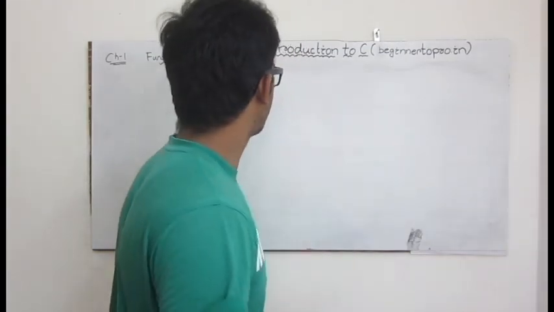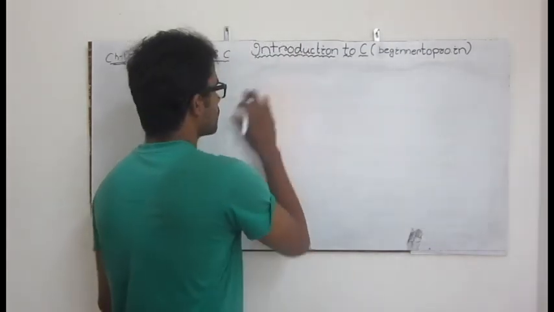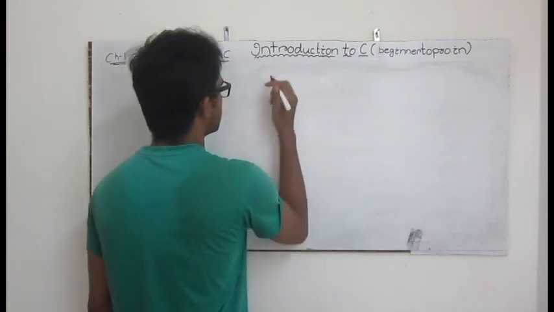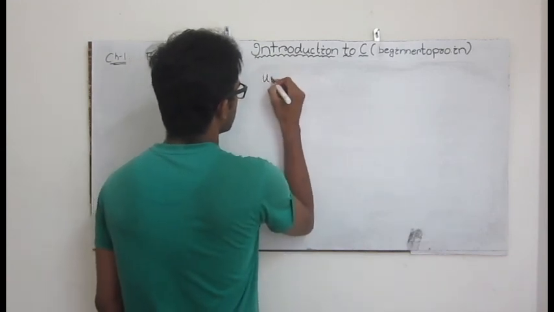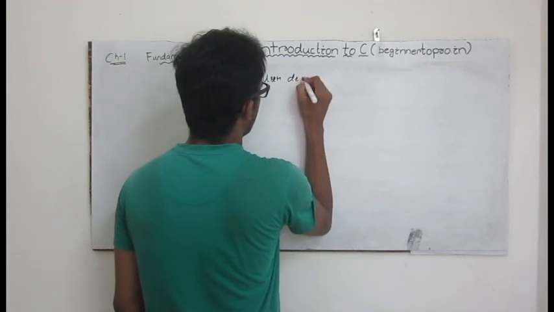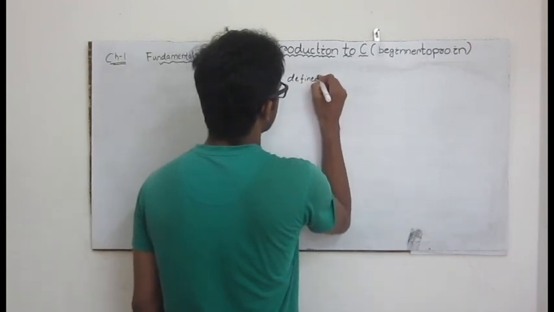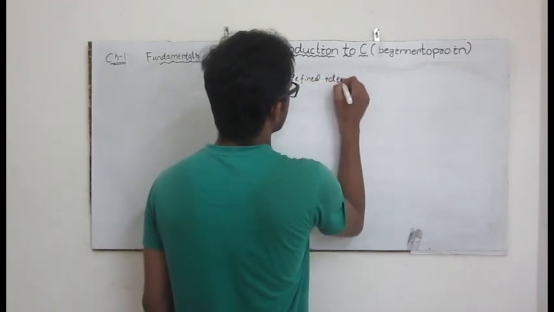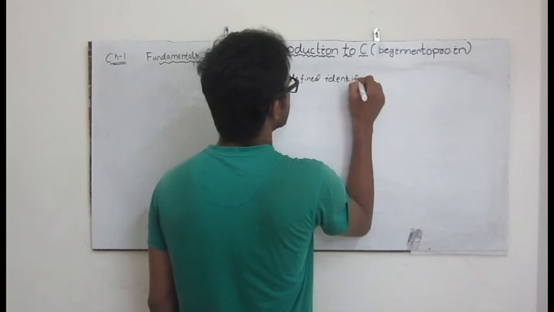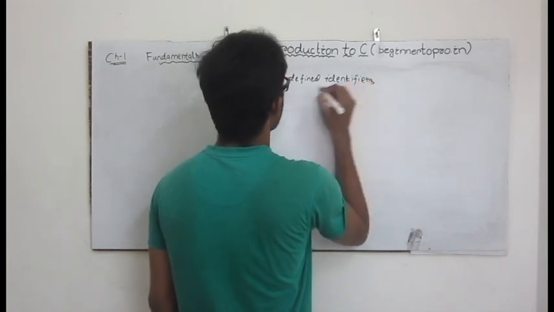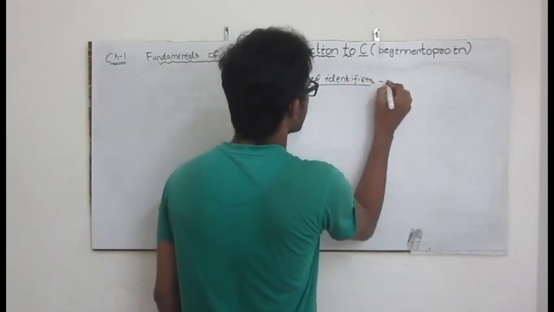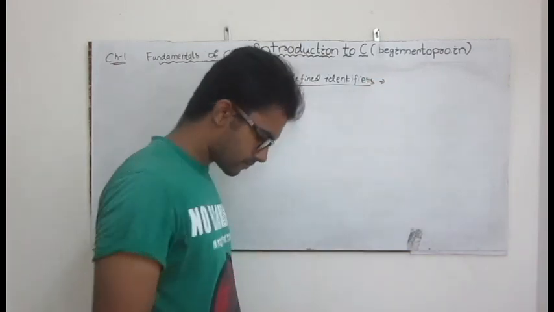Now we'll move to our next part, user defined identifiers. What is the work of this?